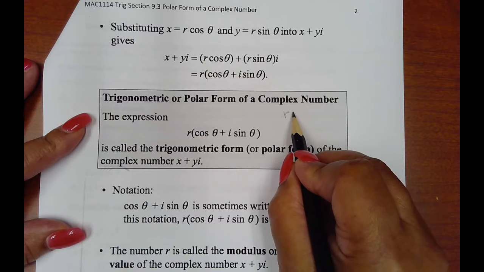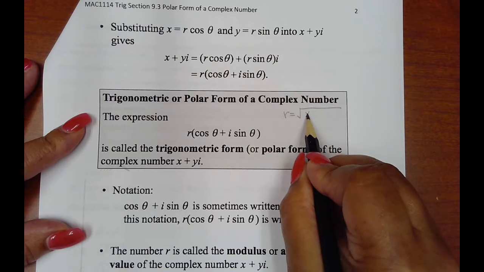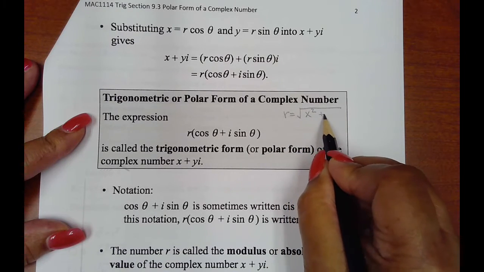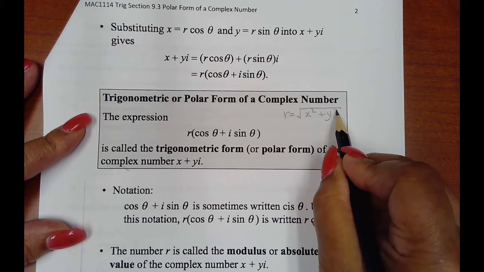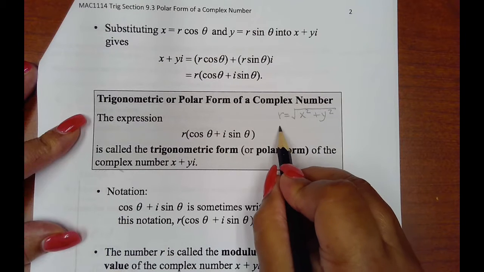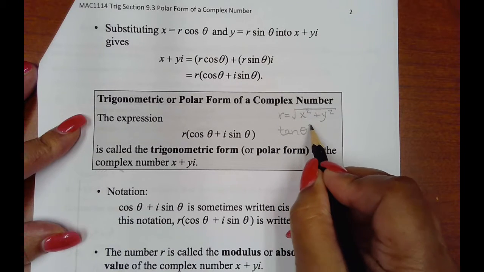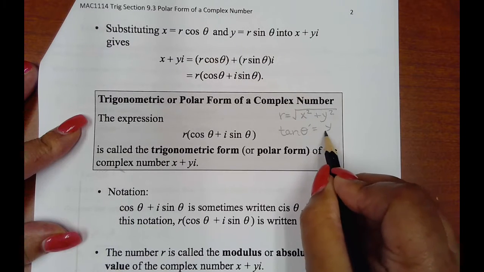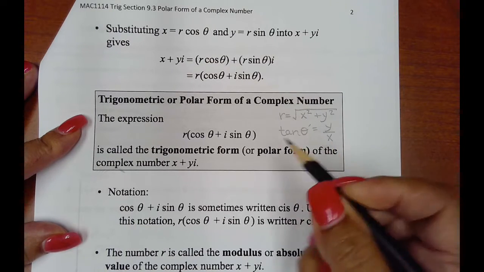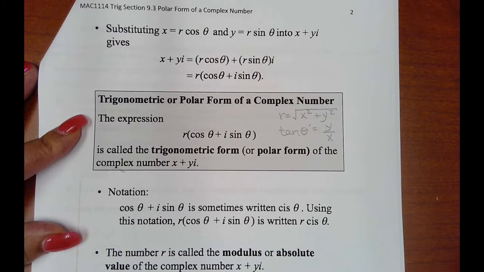You can find r like this, which again comes from the Pythagorean theorem, and we saw a picture of that on the previous page. And if you want to find theta, you can just use tan of theta is equal to y over x and eventually find theta. Once you find the r and the theta, you're ready to put it in your complex number in trig form.